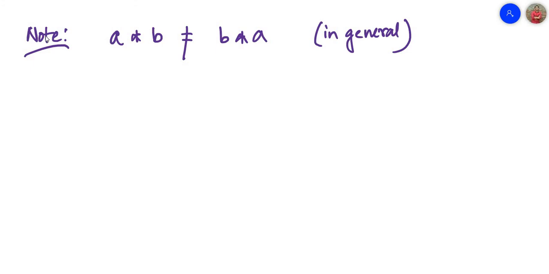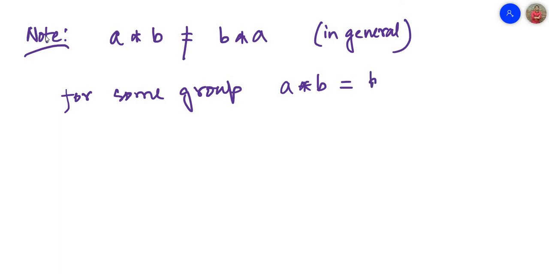But for some groups, this relationship A star B is indeed the same as B star A. So this relationship holds, and B doesn't have to be an inverse of A. It can be any member of the group.